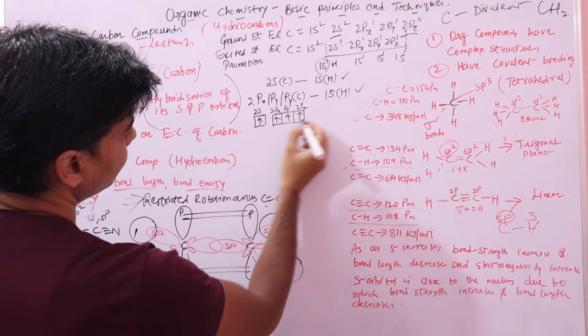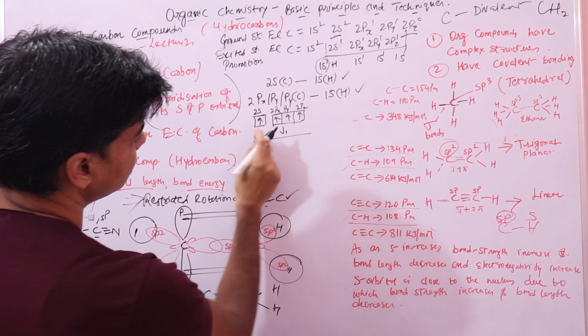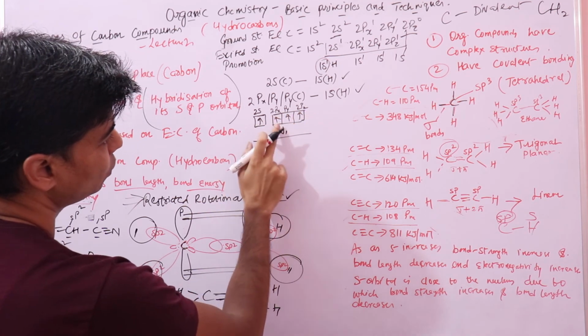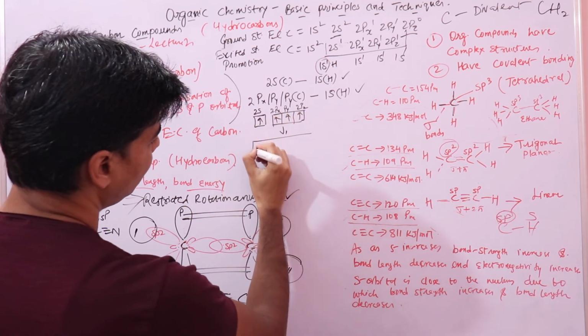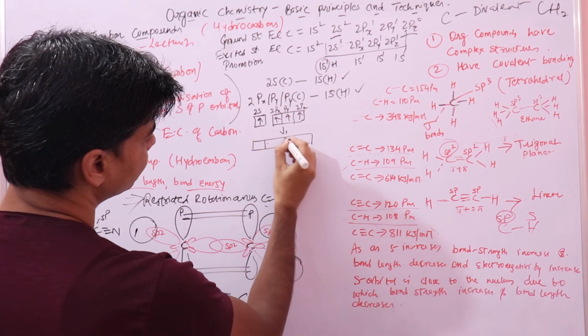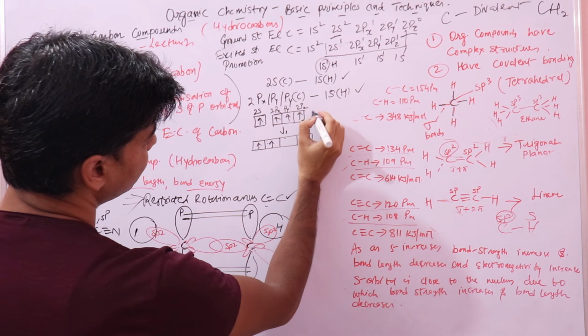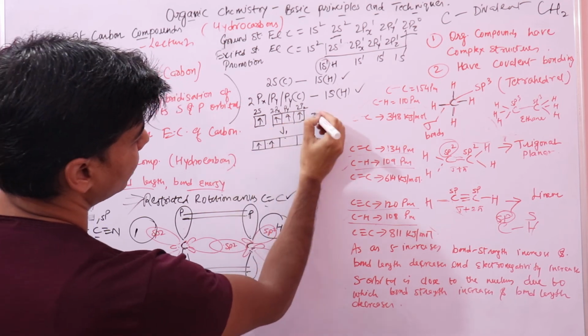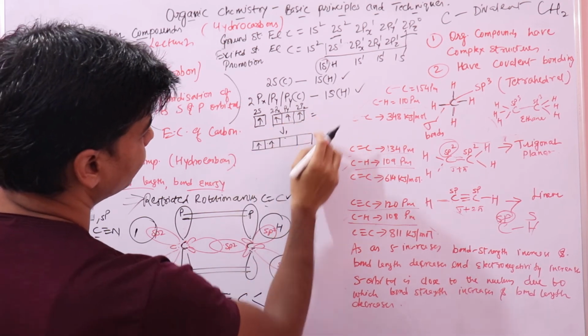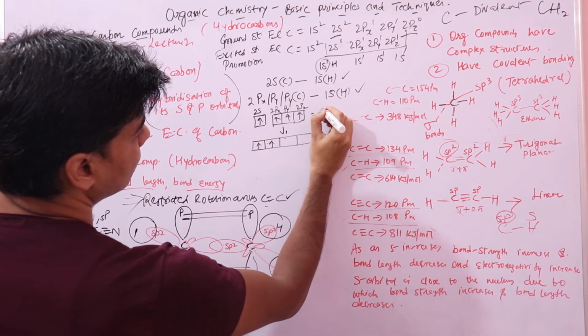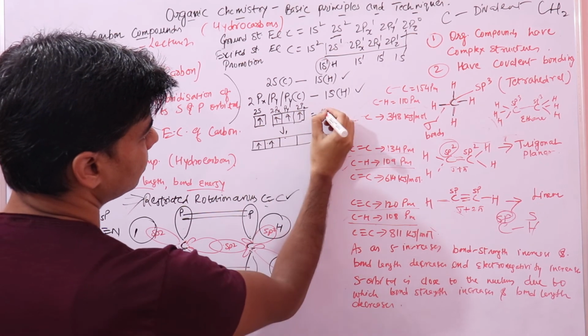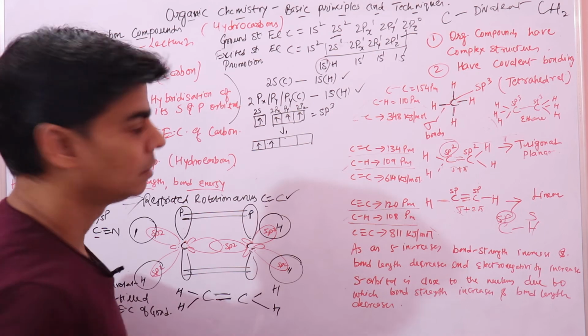These will mix and merge: 1s and 3p orbitals will form sp3 hybrid orbitals.